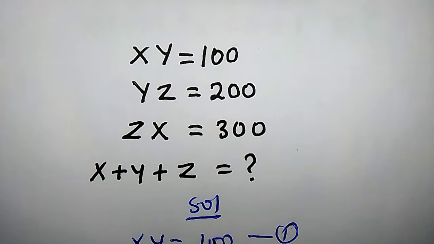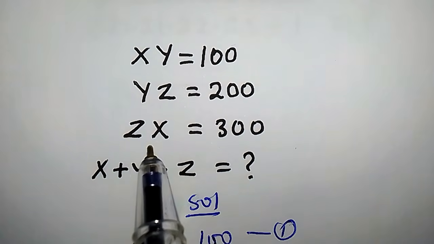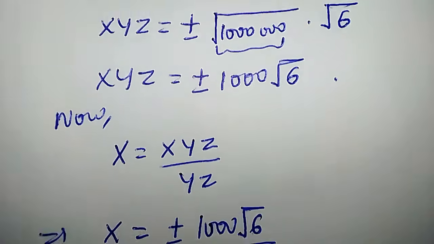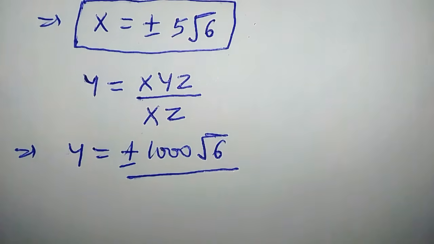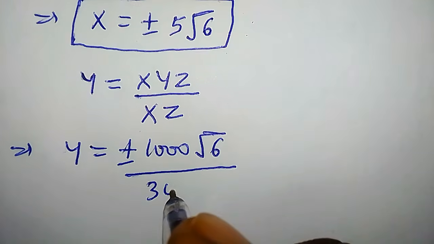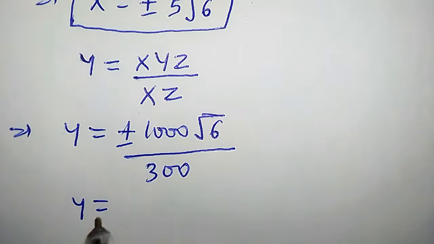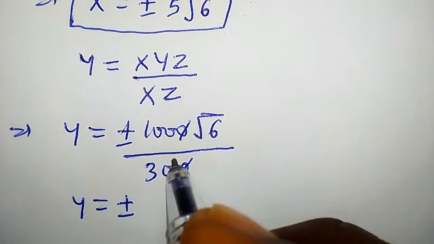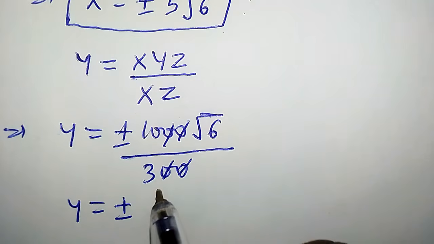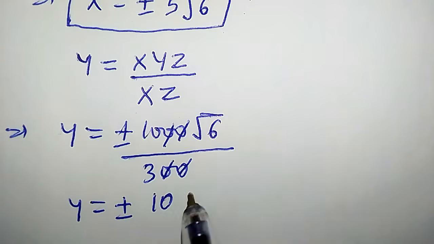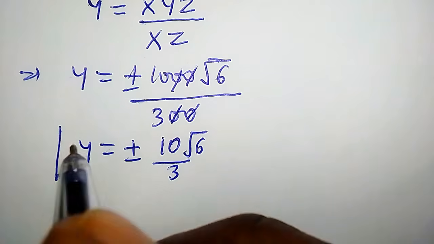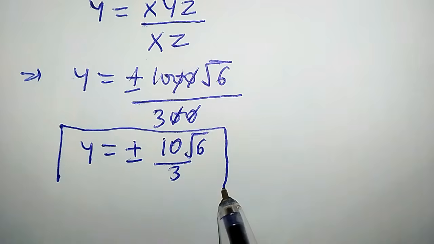That's from the question. xz is the same thing as zx, 300. So let's plug in that. So we have 300. y is equal to plus or minus, 0 cancels 0, 0 cancels 0. We are left with 10 times square root of 6 divided by 3. This is the value of y. Take note of it.